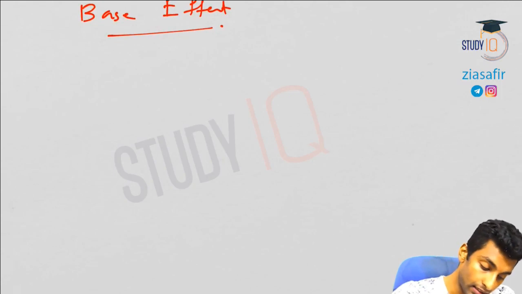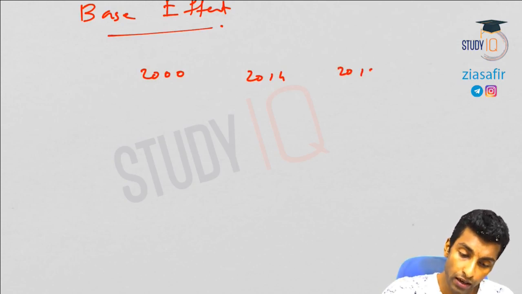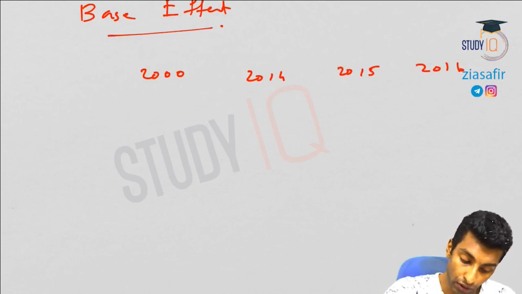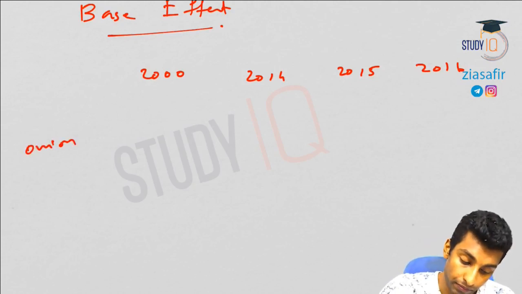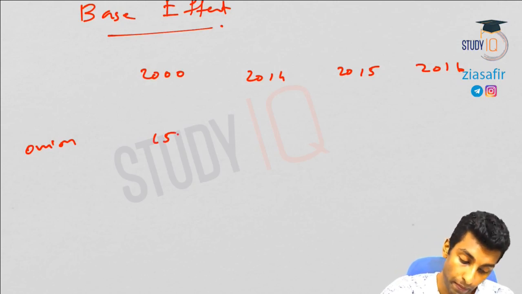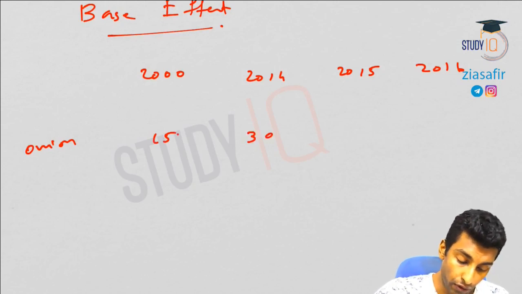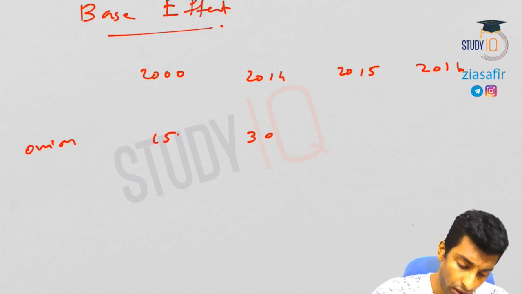Okay, it's like this. Let's take 3 years: 2014, 2015, 2016. Let's say the price of onion in 2013 was 15 rupees. Then in 2014 it is 30 rupees. There was a normal increase from 15 to 30.